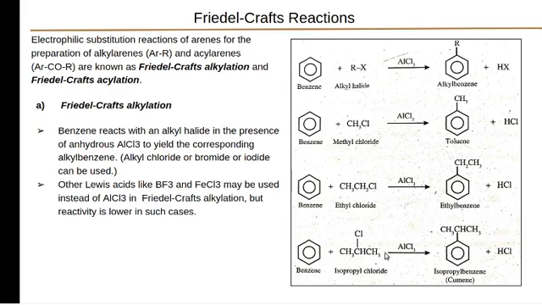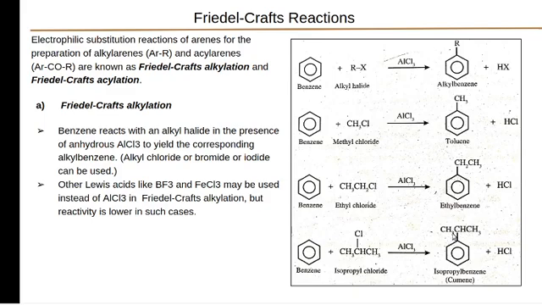This produces ethyl benzene. Then another reaction: benzene on reaction with isopropyl chloride. You have to write and practice the structure of isopropyl chloride. It is a secondary alkyl chloride. When benzene reacts with isopropyl chloride in the presence of anhydrous aluminum chloride, we get isopropyl benzene.